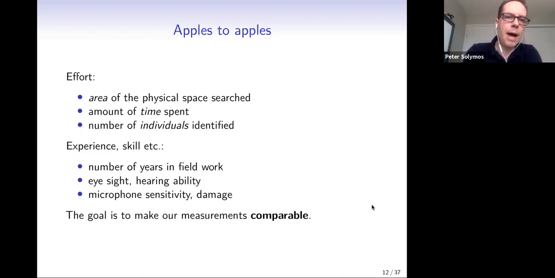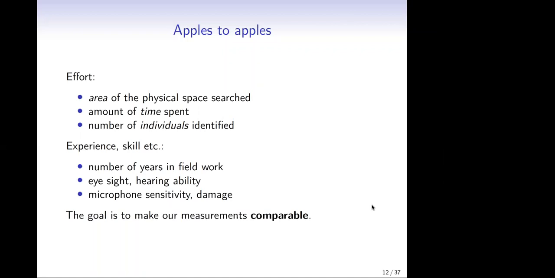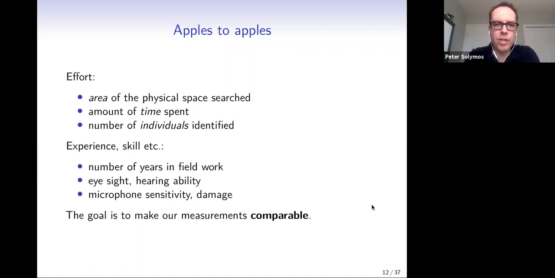What amount of time you spent? And sometimes, as a measure of effort, people can talk about the number of individuals identified. So how, for example, the number of species is changing as you have more and more individuals. That might be familiar from diversity, community ecology. And also the observer's experience and skill level might come into the equation as well.